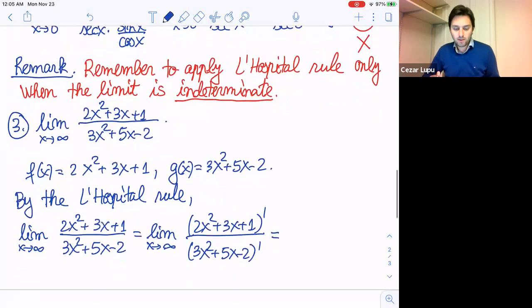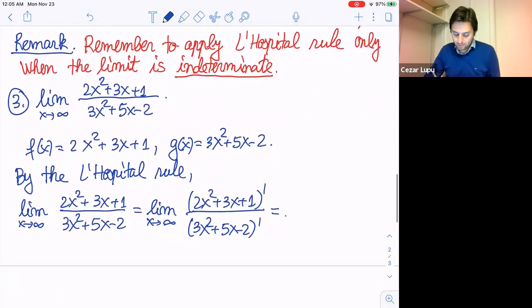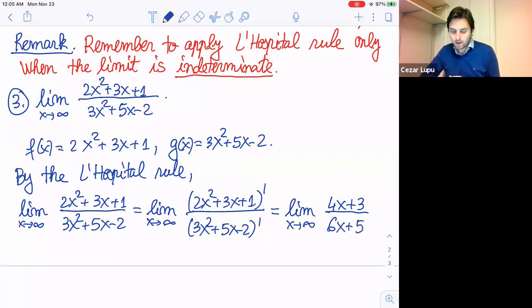Okay, that's great. Now, this will be the limit as x approaches infinity of the derivative of the function on the top, which is 4x plus 3, everything over 6x plus 5. Okay, that's great. Now we pass to the limit again.